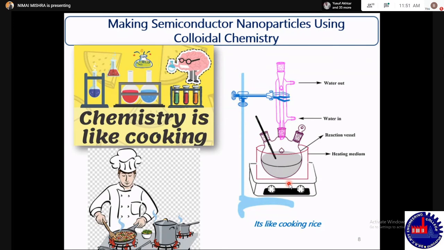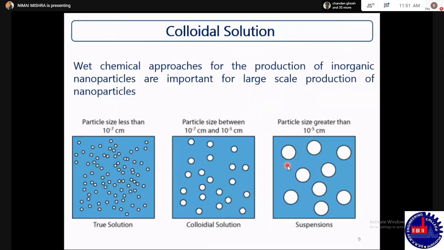In that case, you need not bother about the temperature because water boils at 100 degrees. But in many cases, you need to bother about temperature in cooking. Otherwise, you'll overfry your item. Similarly, there is a thermometer here. We can check the temperature because depending on the temperature, we can make different products. So it's as simple as cooking, and with the cooking chemistry, we're using the colloidal chemistry.